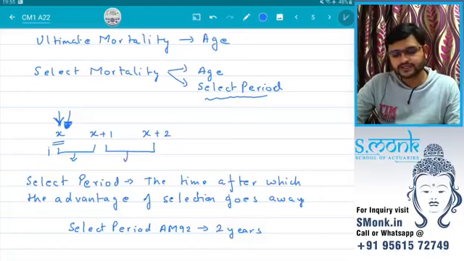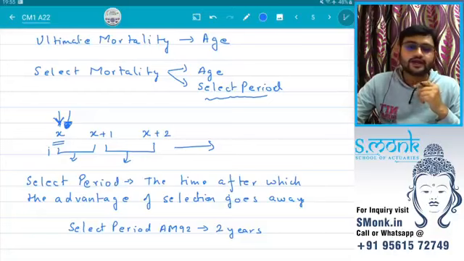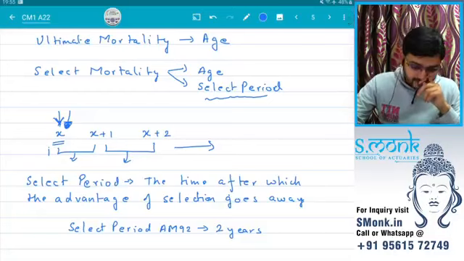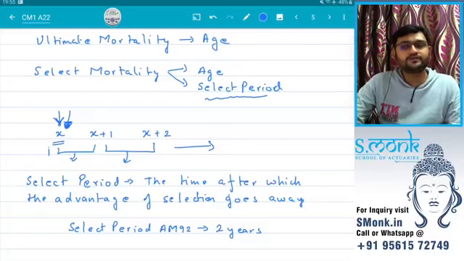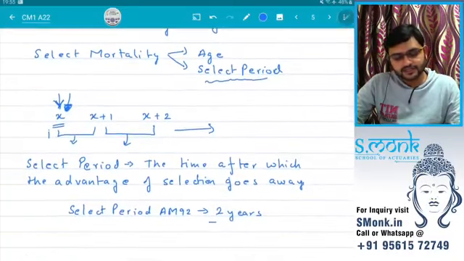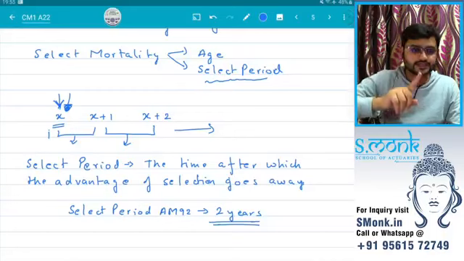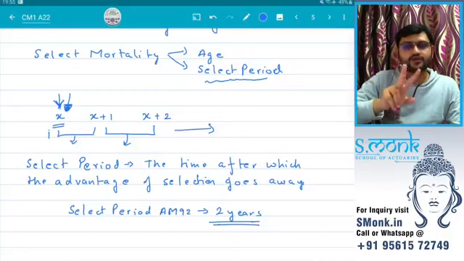But after this we have the same mortality as the ultimate table, as if we never screened for anything or never did a selection. So when we say the mortality selection period is 2 years, that means the change stays for the year that we did the selection and 1 more year after selection.